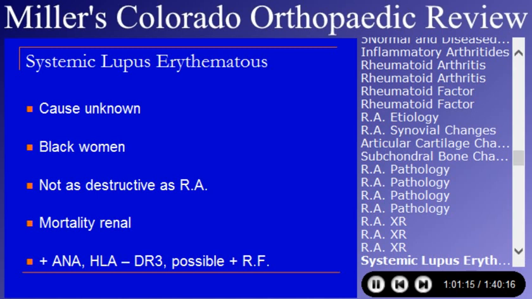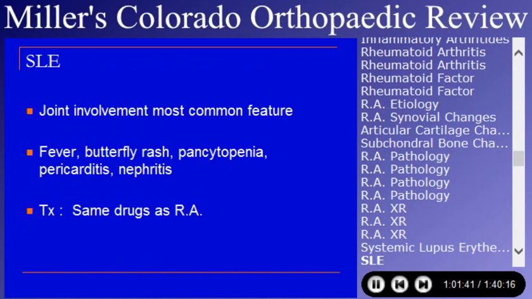Systemic lupus occurs primarily in black women. It is an inflammatory arthritis of unknown etiology. It's not as destructive as rheumatoid arthritis. The primary mortality in systemic lupus is renal. It is associated with a positive ANA test, or antinuclear antibody, and sometimes has a positive rheumatoid factor. Joint involvement is common.